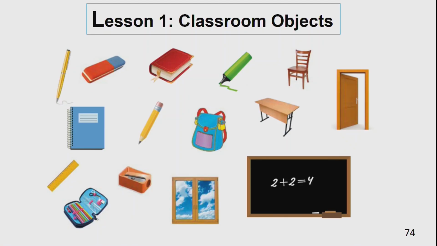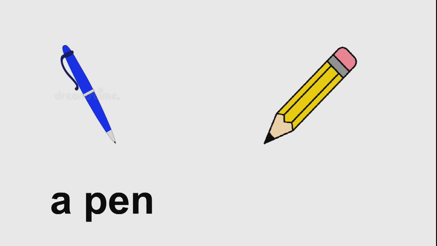Now I will show you pictures and you tell me the words in English. A pen, pen. How do you spell it? P-E-N. The next picture. A pencil, pencil.